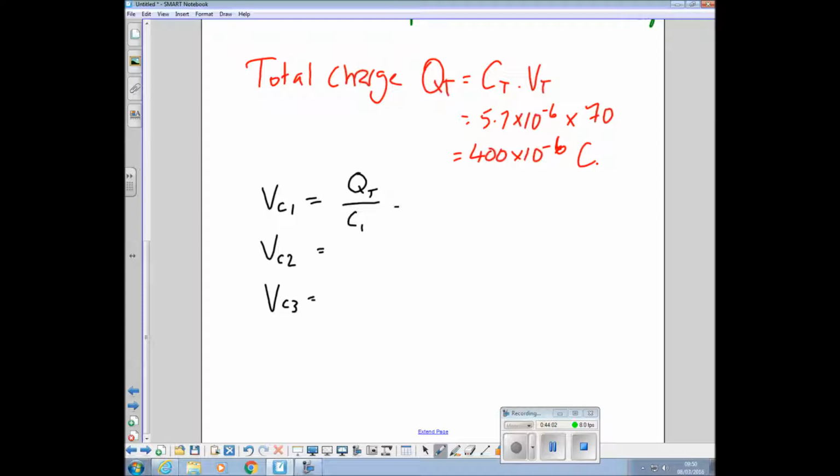That's 400 times 10 to the minus 6 over 10 times 10 to the minus 6. And in fact, because they're both the same multiple, you can just ignore that. I believe that comes out at 40 volts. Yeah. Following through, QT over C2.